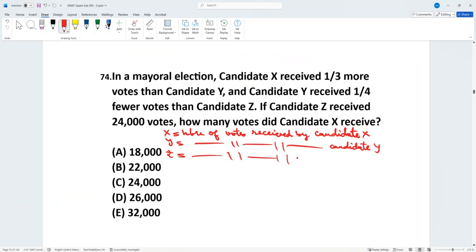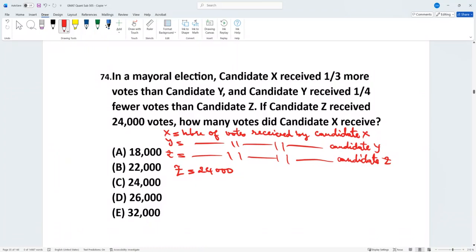Z is going to be the number of votes received by candidate Z. And it says that if candidate Z received 24,000 votes, so Z is equal to 24,000.